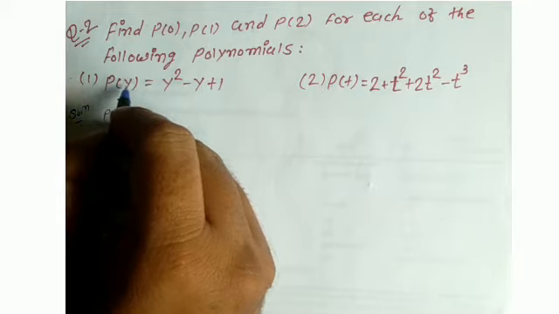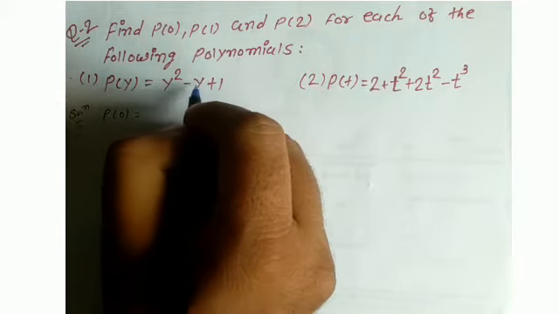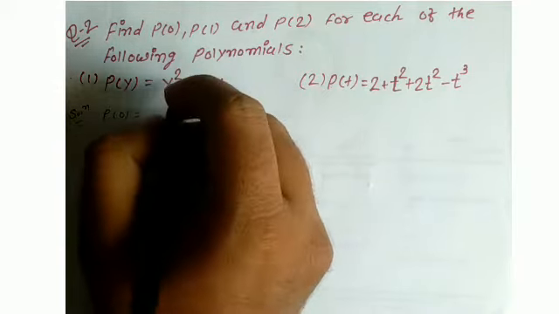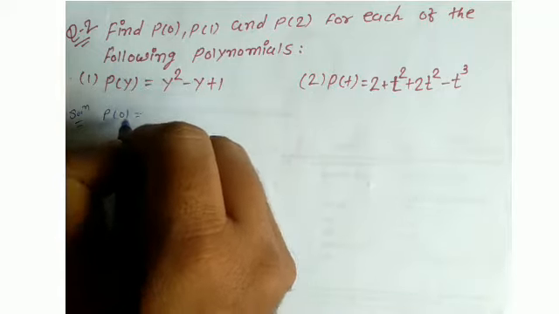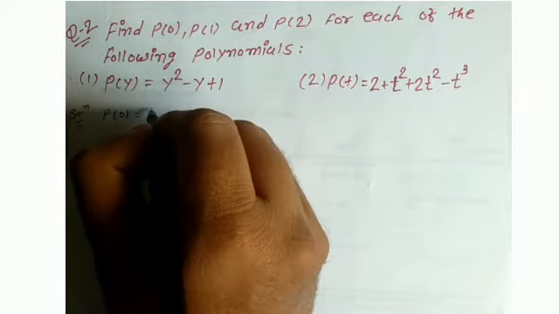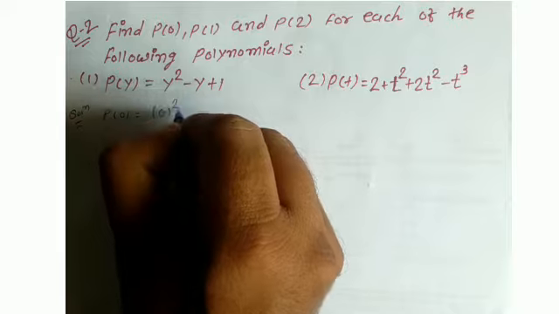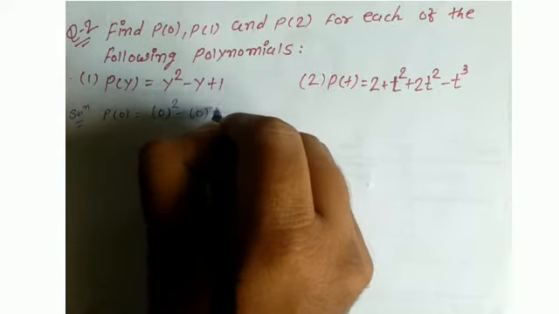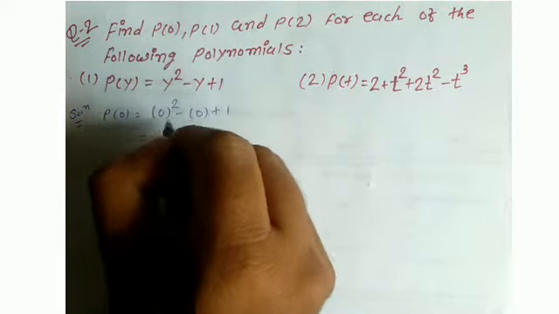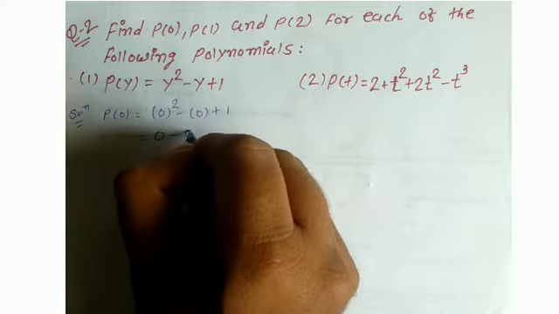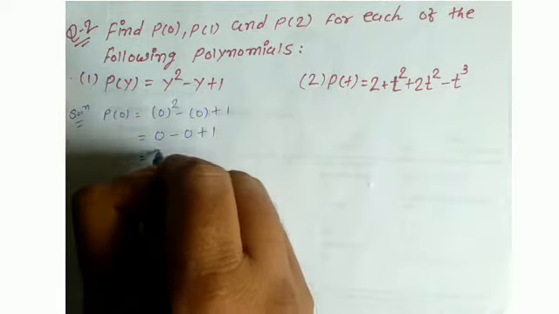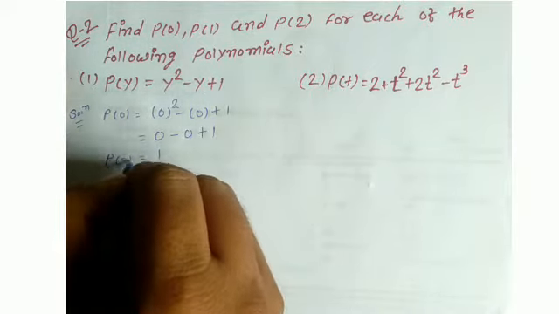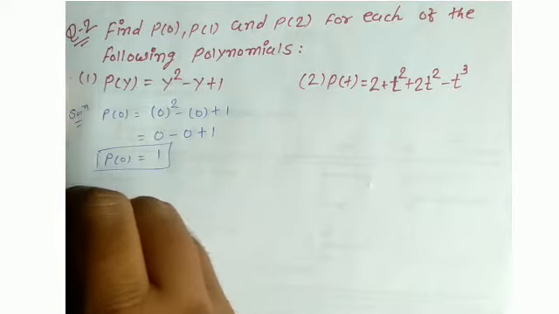Here p of y is equal to y square minus y plus 1. So now we take 0 instead of y. So write down 0 square minus 0 plus 1. So 0 square is 0, 0 plus 1. So our answer is 1. p of 0 is equal to 1.